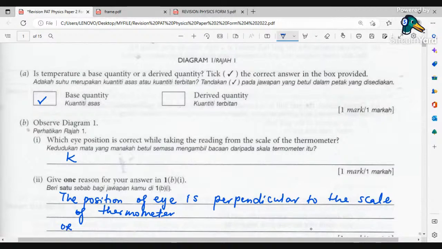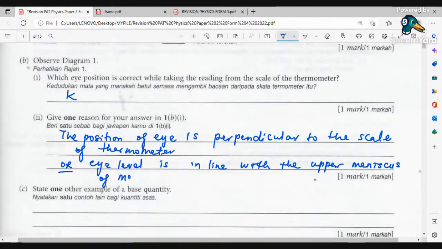Or another one, if you refer to the meniscus of the mercury, you can write: eye level is in line with the upper meniscus of mercury in the capillary tube to prevent parallax error.